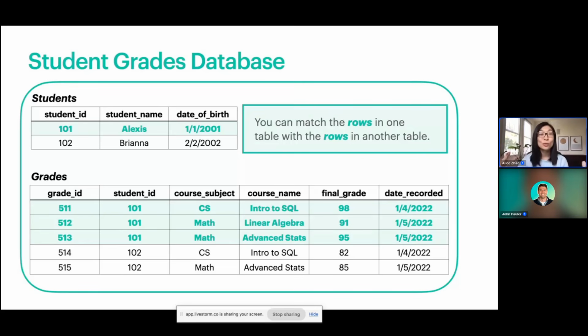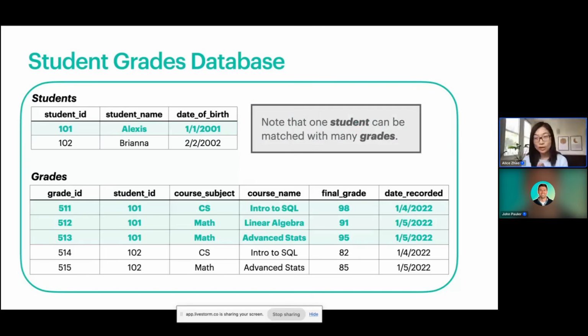And that's a huge part of SQL, is that all these tables are connected within your SQL database. So one relationship to note here is that this one student within the students table matches with many grades here. So that idea of one student to many grades, that is called a one-to-many relationship. So we'll talk about that a little bit later as well.